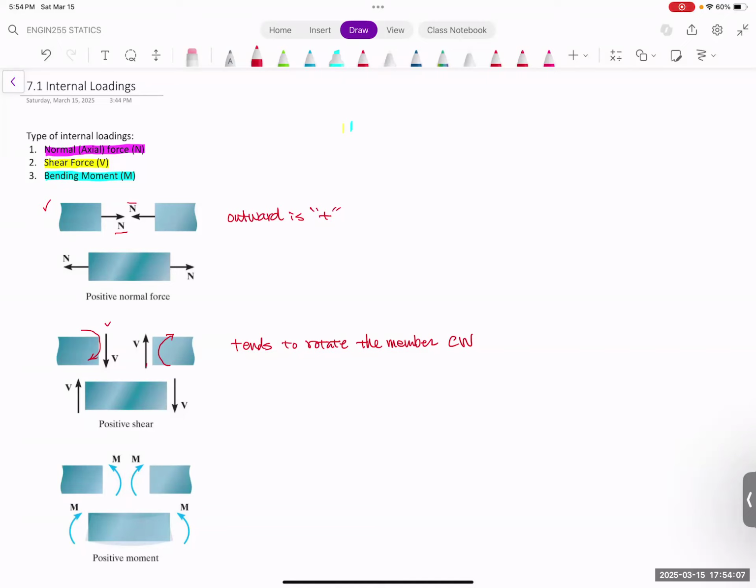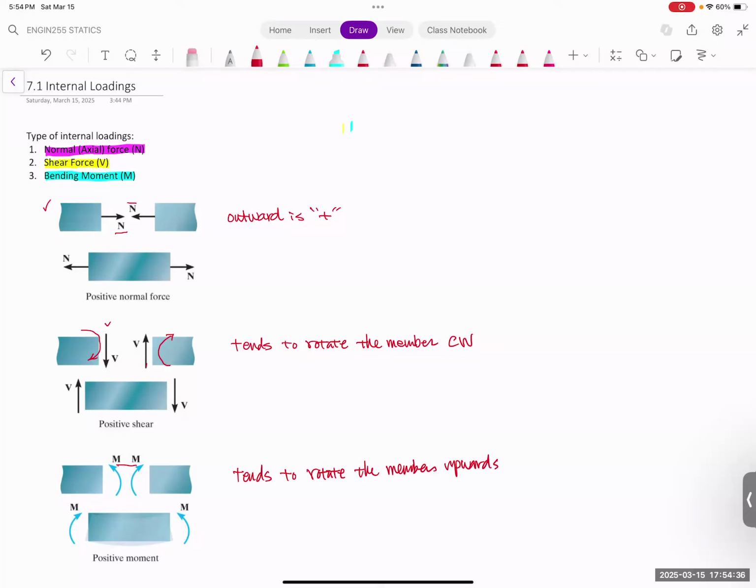And the third one, the bending moment, is positive when the moment tends to make the piece rotate upwards. This is a little bit different from the previous one. Both of these make the piece rotate upwards.